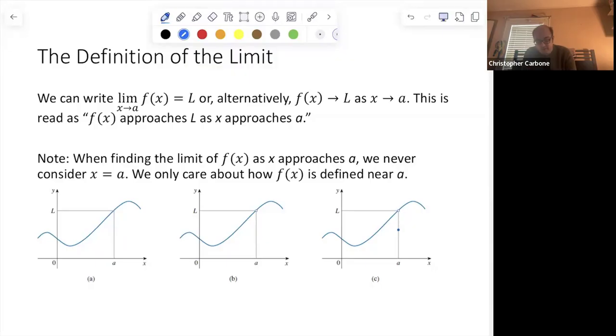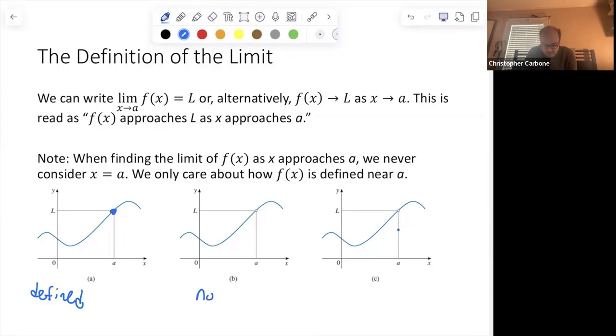So, for example, here on this left-hand most graph, A, we see that this point actually exists here. We have a nice, clearly defined point there, right? This middle one here, I know it's kind of hard to tell, but this one was actually defined at that point. Nothing weird going on. B here, that point at a is not defined.